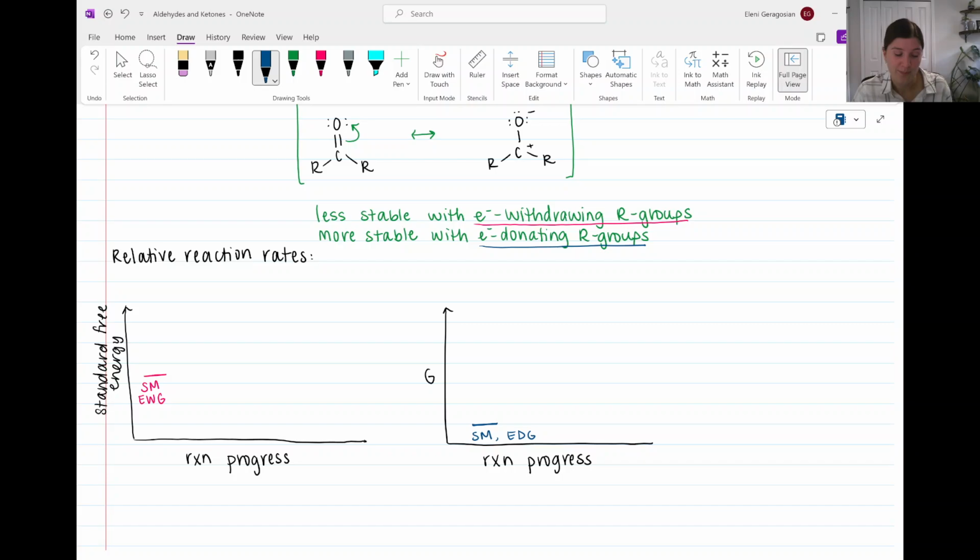Now our intermediate, the charged intermediate, is about the same energy for both. So we'll put the transition state at the same energy, and the products will be at about the same energy as well.